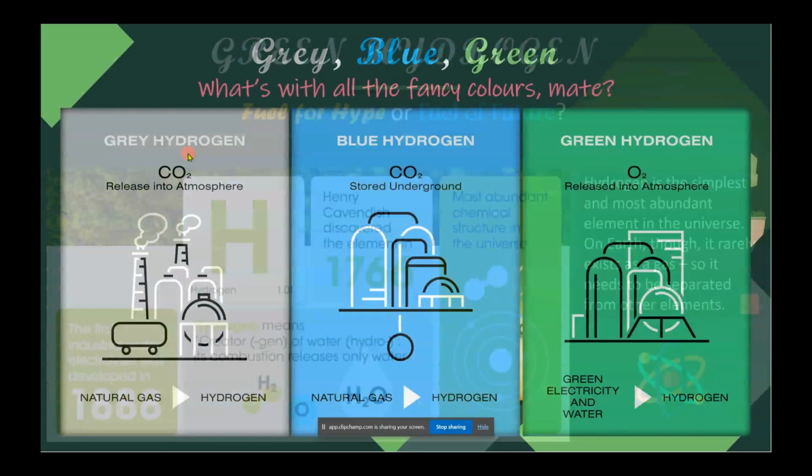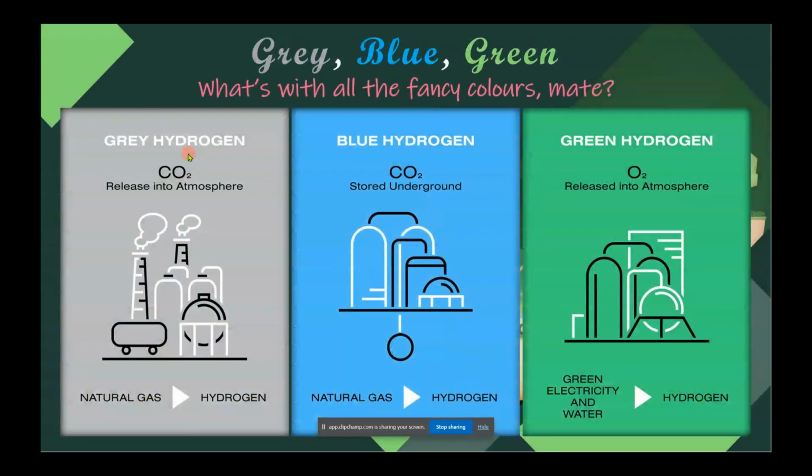Okay. So what's with all the fancy colors? You might have come across gray, blue, and green. Although we call it green hydrogen, we have already discussed that hydrogen in itself is invisible. Hydrogen is the most abundant in the universe, but in our Earth's atmosphere it is found in very little quantity.